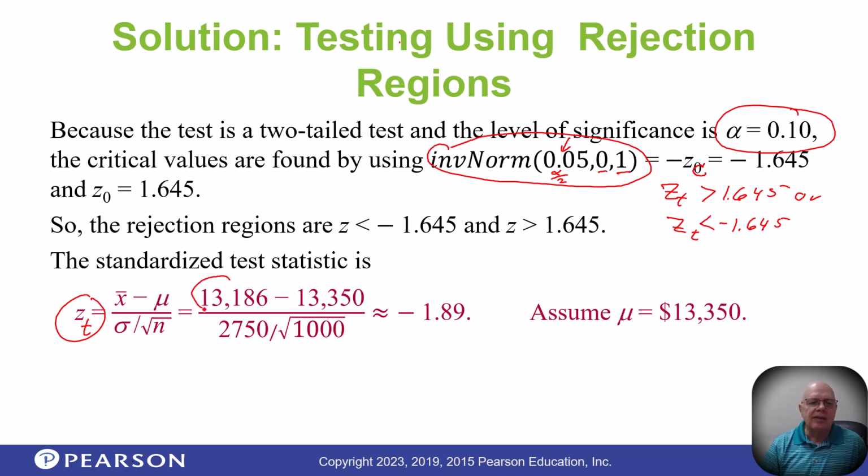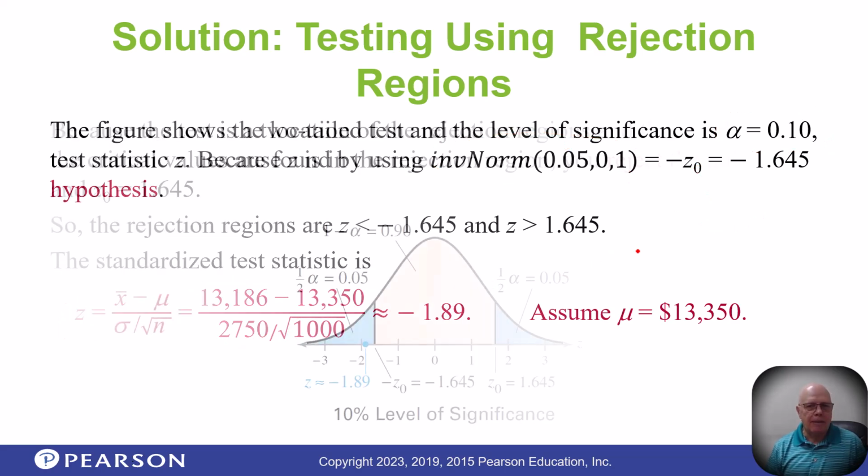Here's your sample mean. Here's what you're comparing it against. There's our standard deviation and the square root of the sample size. And there's our z test statistic. And we'll take this and see whether it's in either of those two rejection regions.